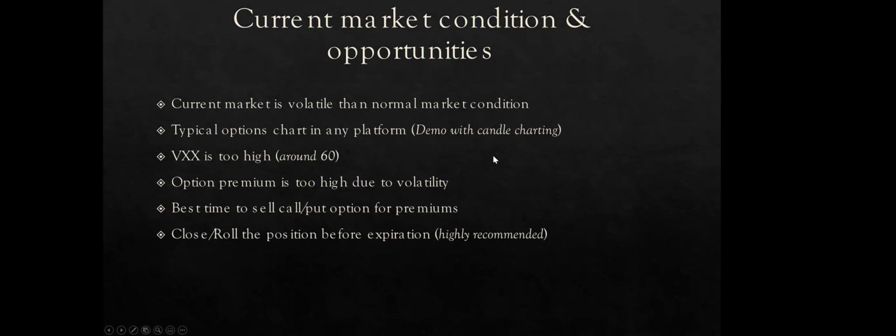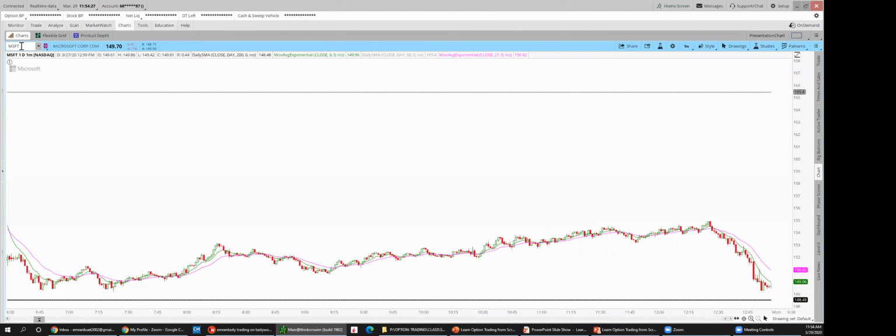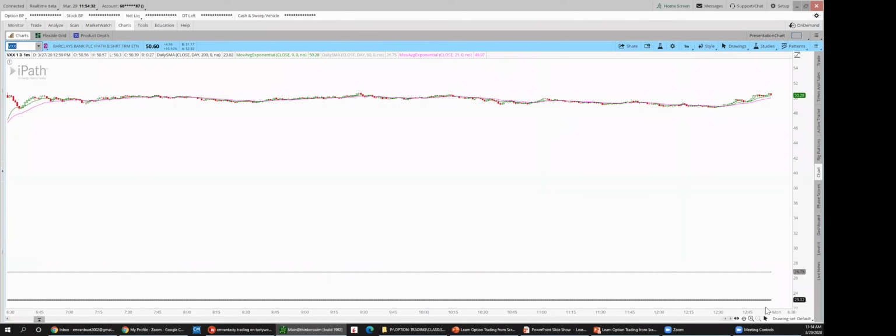If you go back to the chart and take a look at the VIX chart, this is called the volatility index. Let's make it 1 day. Yes, that's VIX.